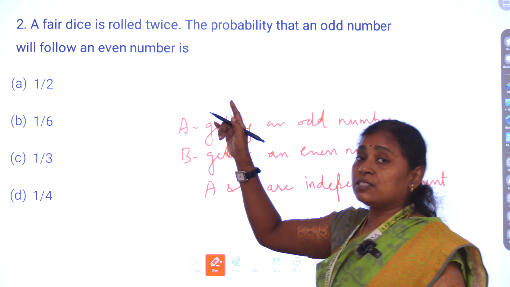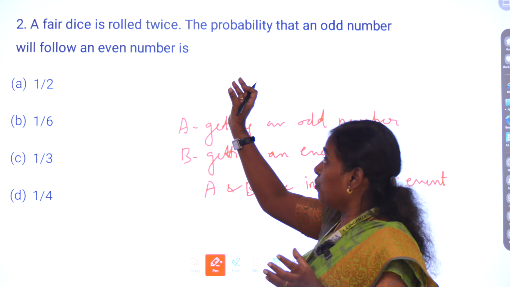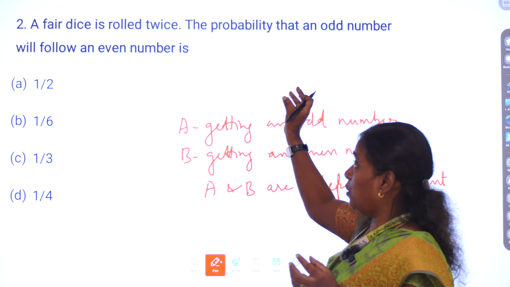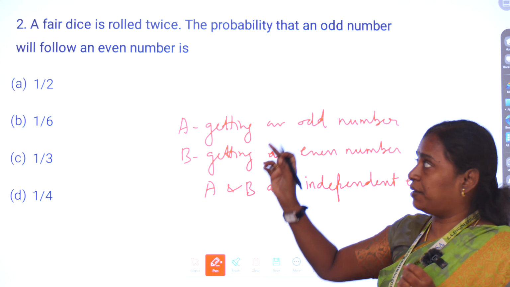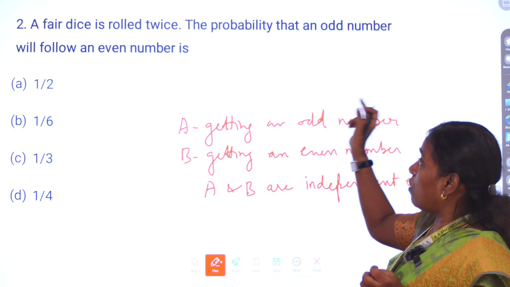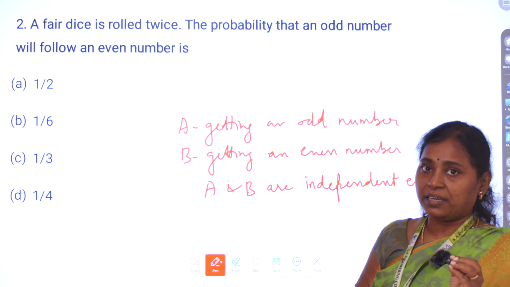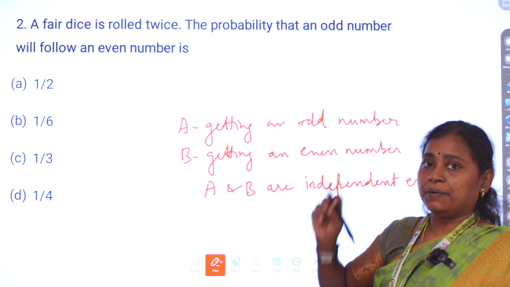A fair die is rolled twice. What is the meaning of it? You have to read the first sentence and the second one, and then incorporate. See, a fair die is rolled twice. The probability that an odd number will follow an even number. So first you are taking a die, rolling it, and getting an odd number.